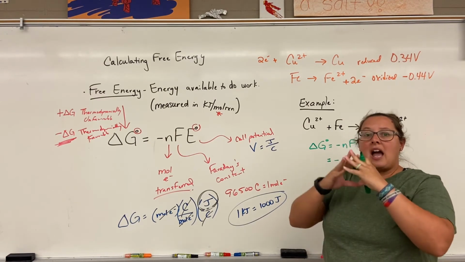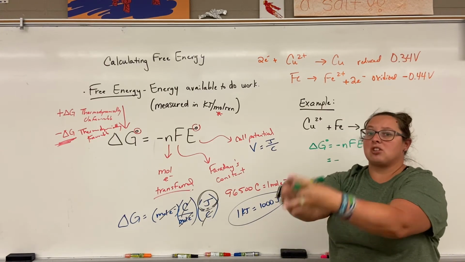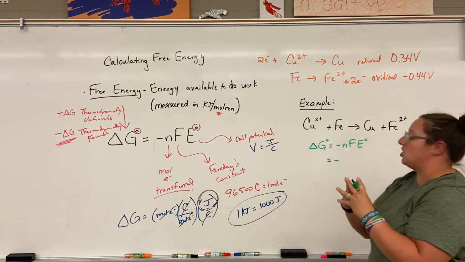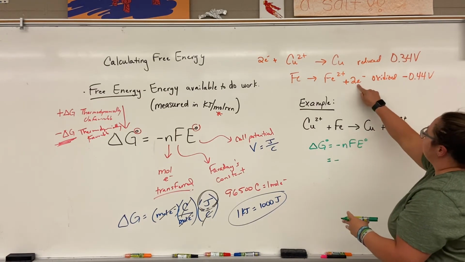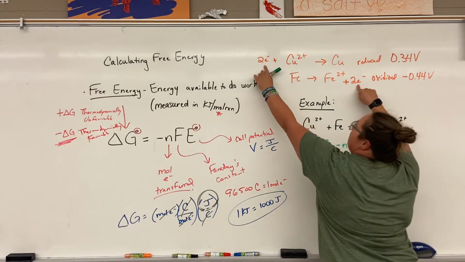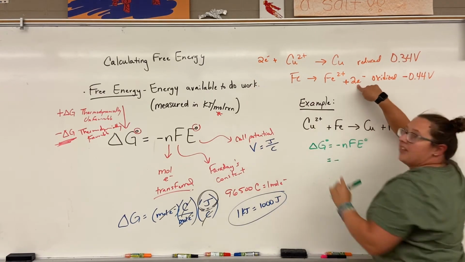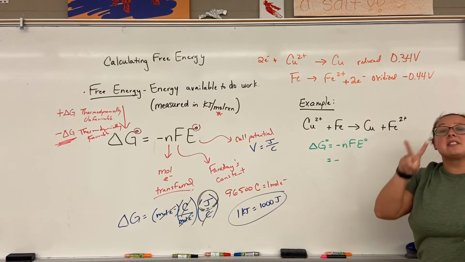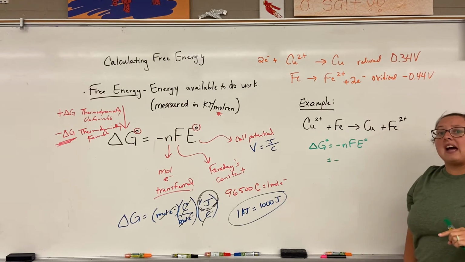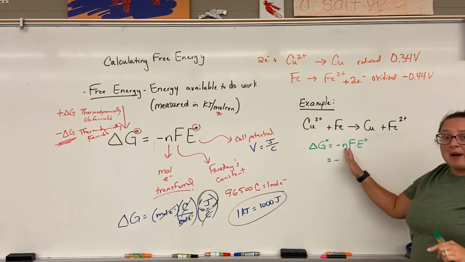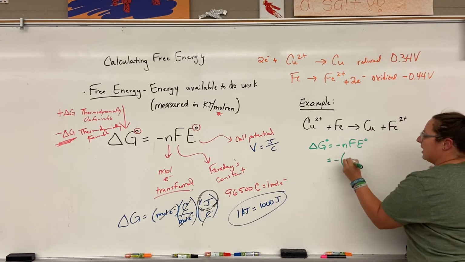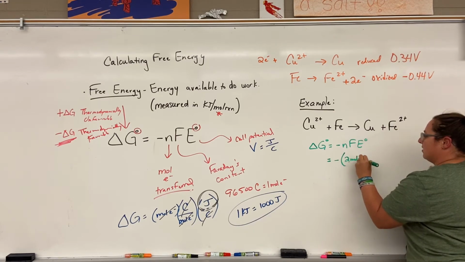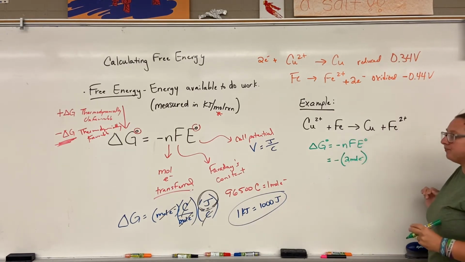That will tell me how many total electrons are being transferred from the oxidized species to the reduced species. So I look here and I see a 2, and I look here and I see a 2. That tells me that 2 is the least common multiple that I have here. So that is going to be my n value. Now remember, they'll give you 1 point for just getting n correct. So I'm going to plug in 2 moles of electrons here.